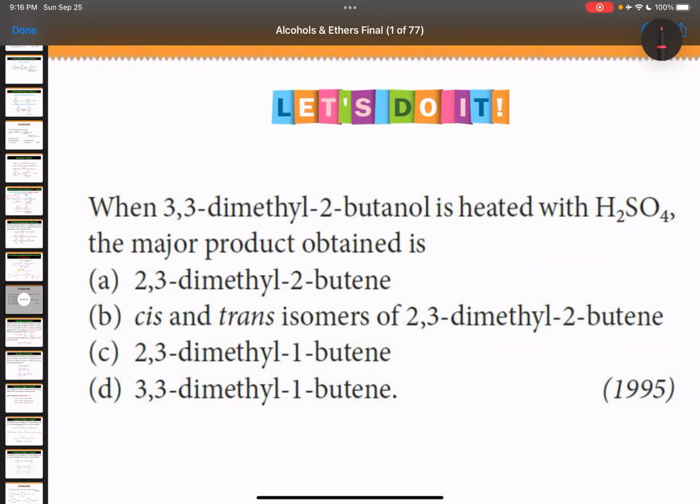So 3,3-dimethyl butan-2-ol. And what's going to happen if you heat it with concentrated H2SO4? Which alkene you are going to get?